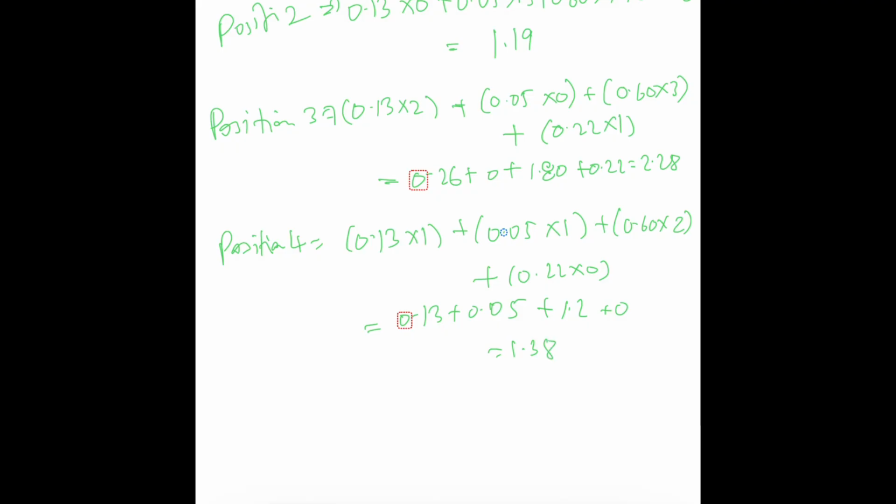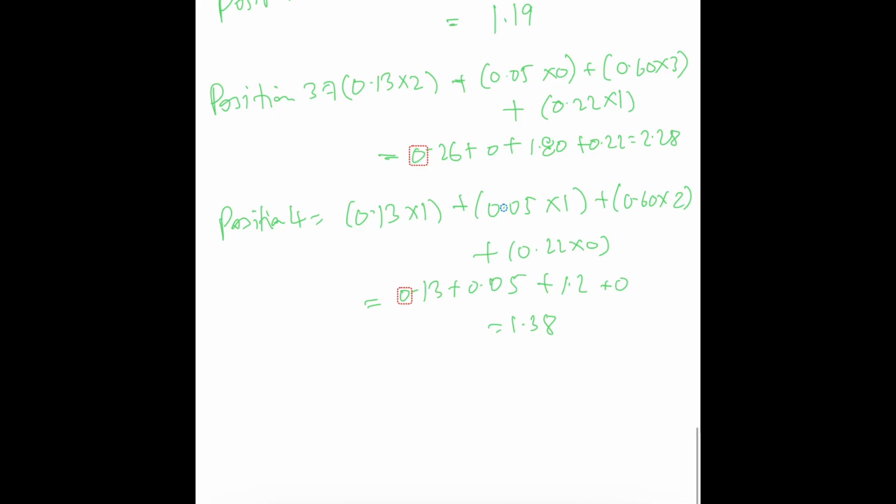Okay, so now the attention output for the word Indian, right? That comes out to be 0.89, 1.19, 2.28, and 1.38, right?